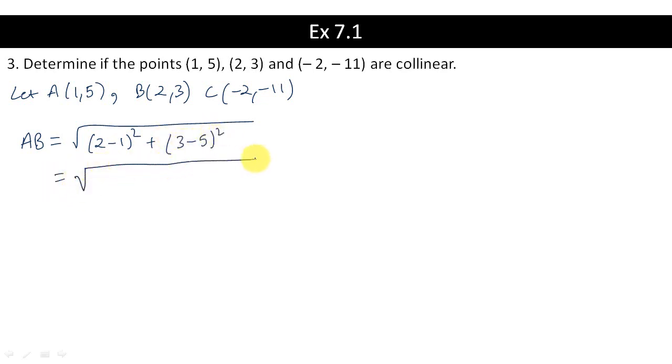This will be under root of 1 square, which is 1, plus (-2) square, which is 4. So this will be under root of 5 units.